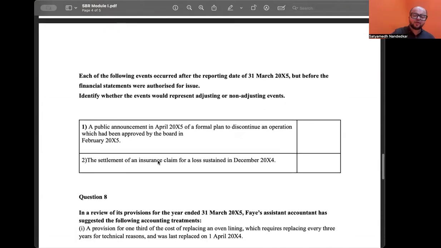Now, each of the following events occurred after the reporting date but before the financial statements were authorized for issue. Identify whether the events would represent adjusting or non-adjusting events. A public announcement in April of a formal plan to discontinue an operation which had been approved by the board in February 2005. Now, understand one thing: we are talking about a reconstruction situation, right?